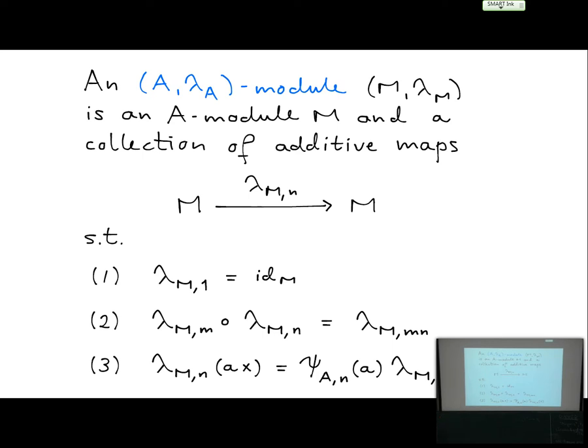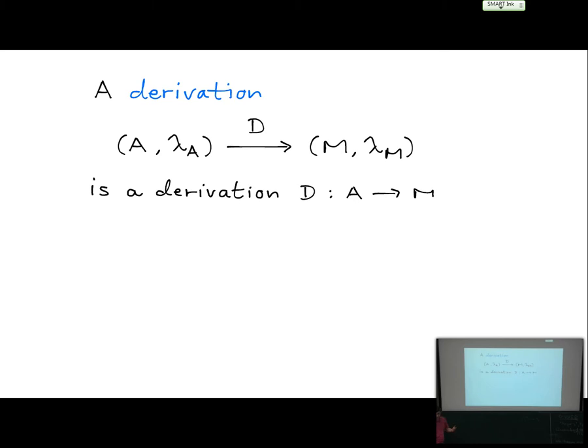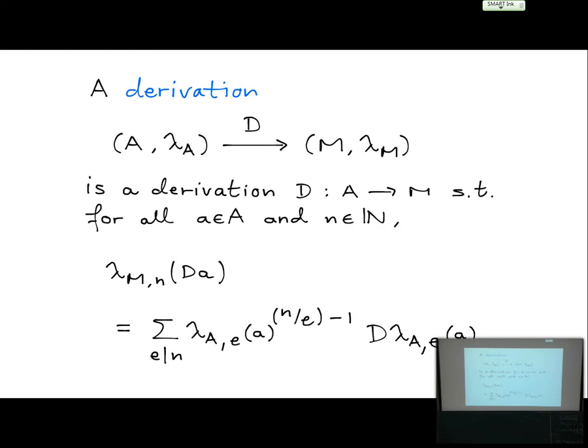It is exactly this. A derivation is a derivation, not with extra structure, but with an extra property. And the property is that the following holds. If I take A in A and use the derivation, then I get an element of M. And if I apply lambda mn to that, I should get this.